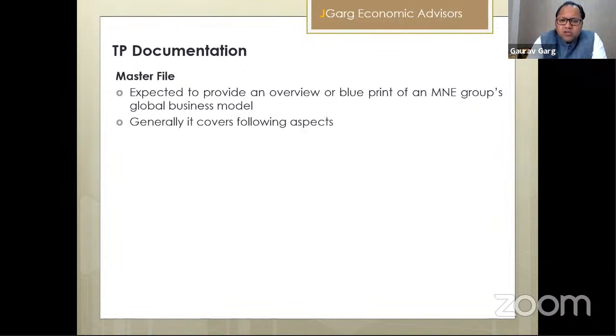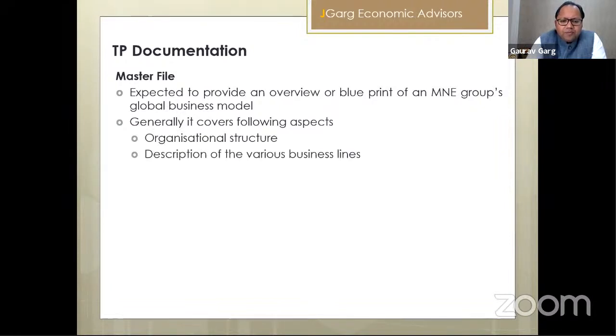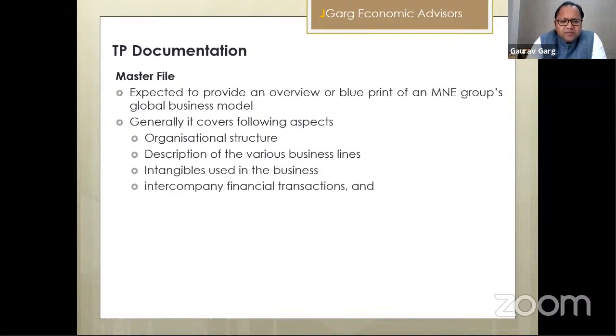It generally covers the following aspects: organizational structure of the group, description of various business lines, intangibles used in the business, intercompany financial transactions, and financial and tax positions.